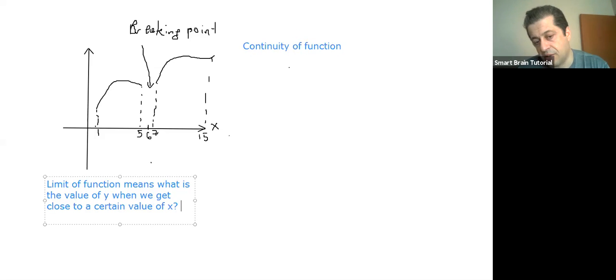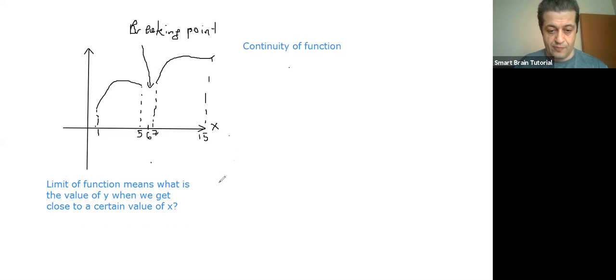So basically, in simpler words, we should find the value of y when substituting x in the formula of a function. In uninterrupted graphs, it is not a problem to find the limit because we can simply substitute the value of x and find the value of y. The problem is when we have this kind of function.